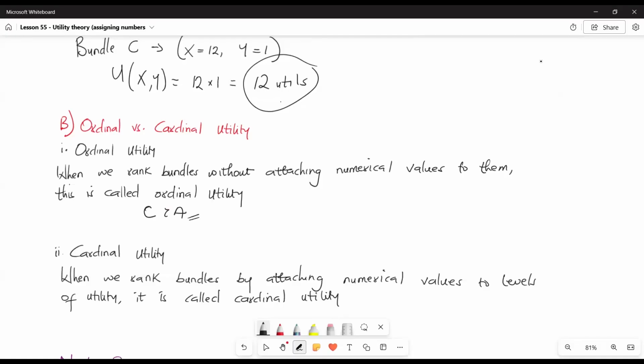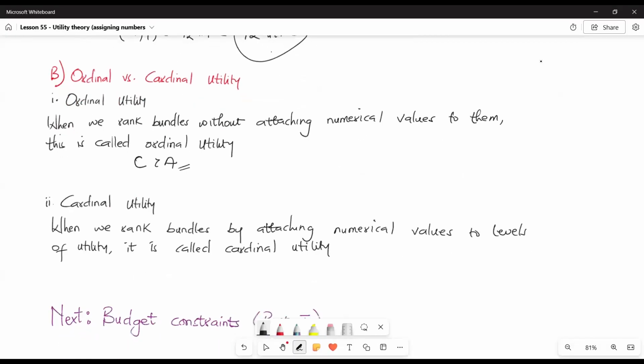On the other hand, when we rank bundles by attaching numerical values to the level of utility, it's no longer called ordinal, it's now called cardinal utility. So cardinal utility is represented by a cardinal utility function. An example is what we saw a few minutes ago.